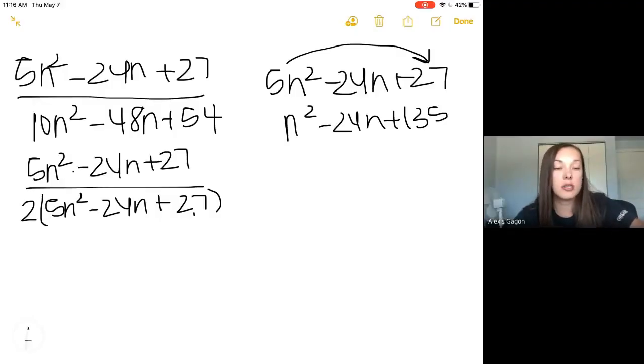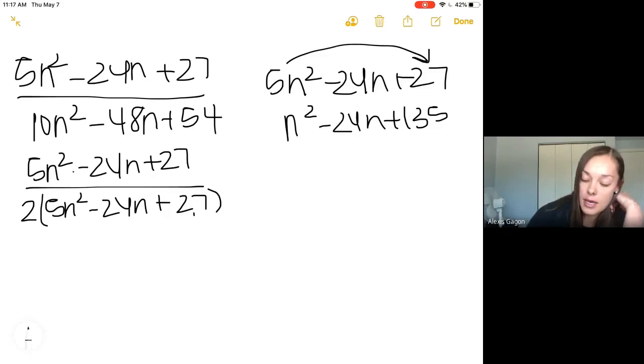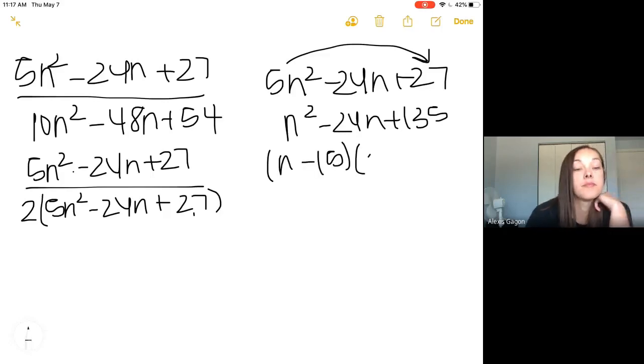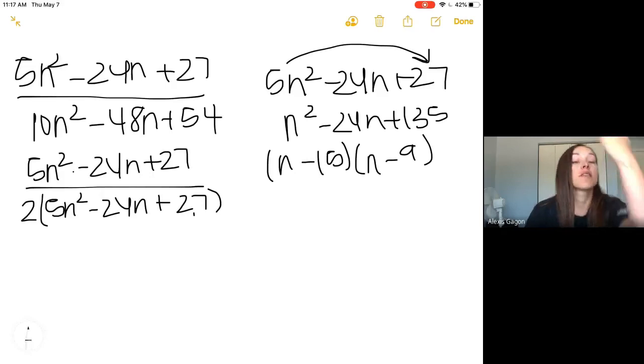I'm just going to go to y equals and do the 135 divided by x and go to the table. And it looks like negative 15 and negative 9. So this is going to be n minus 15 and n minus 9. And then divide by 5. And if you factor this differently, completely fine, doesn't matter.